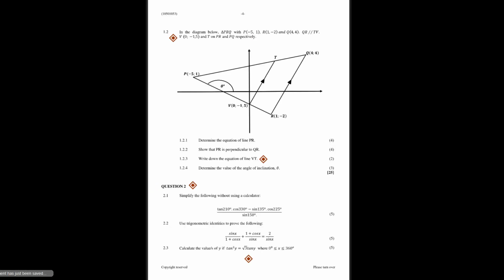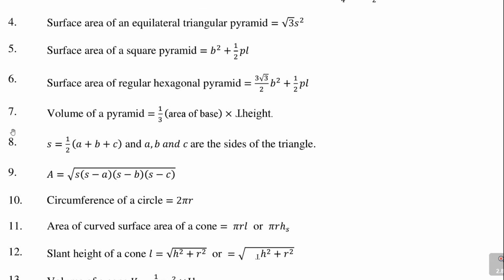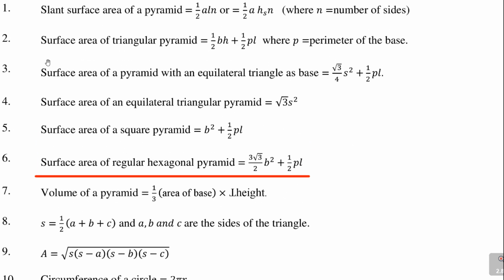Now, as I said, formulas are very important. If you're talking about the hexagonal pyramid, look at number 6 here. Surface area of regular hexagonal pyramid. I want you to notice something when it comes to the surface area of the hexagonal pyramid and the rest. When we're talking about pyramids, there is a pyramid, there is a pyramid, there is a pyramid. Something common will be in there, 1 over 2 PL, 1 over 2 PL.